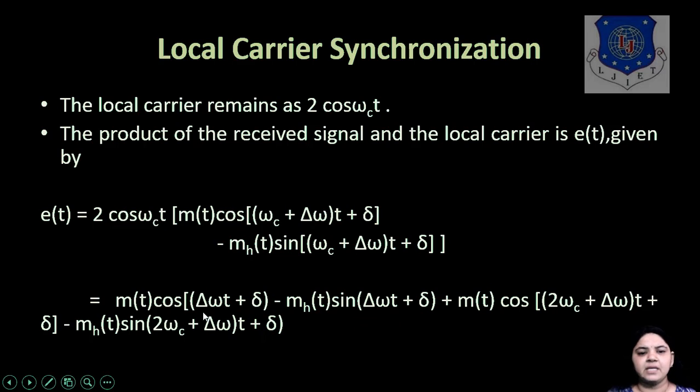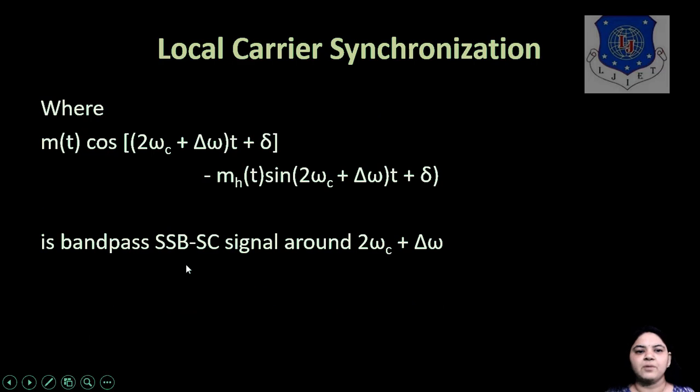It is m(t) cos(delta omega t + delta) minus m_h(t) sin(delta omega t + delta) plus m(t) cos((2 omega_c + delta omega)t + delta) minus m_h(t) sin((2 omega_c + delta omega)t + delta), where delta omega is the frequency shift, the Doppler shift, and delta is the propagation delay.